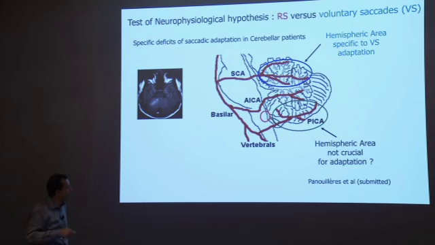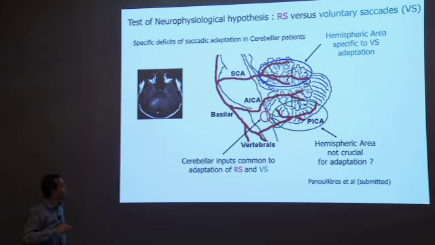And also, to our surprise, this posterior lobe would apparently not be crucial for adaptation, whereas the pathway, the cerebellar input coming from the medulla, when interrupted by lesions in Wallenberg syndrome patients, would interfere with both types of adaptations.